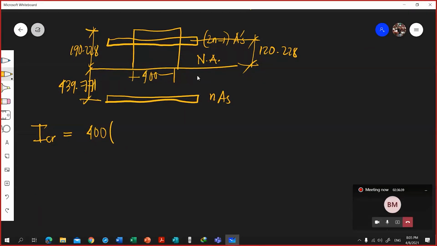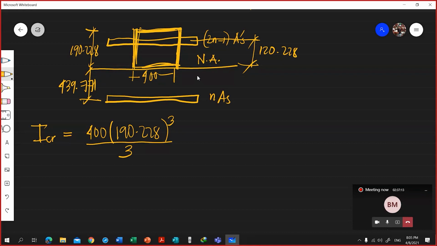Your base is 400 and your h is your x, 190.228. So we have 400 times 190.228 cubed over 3.